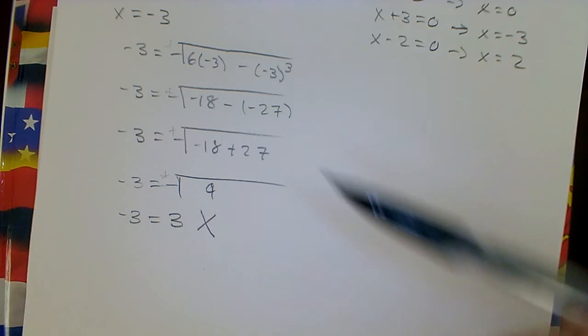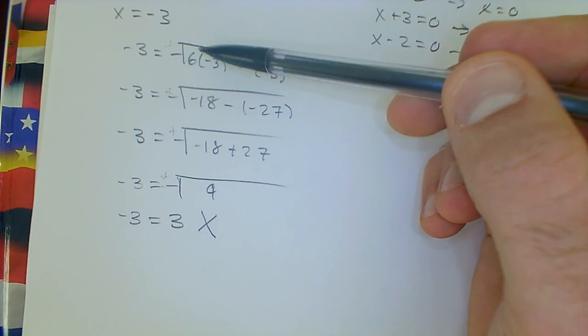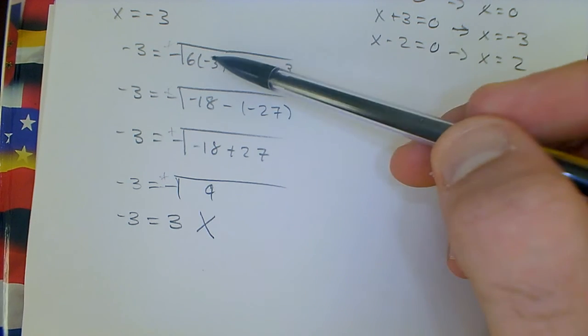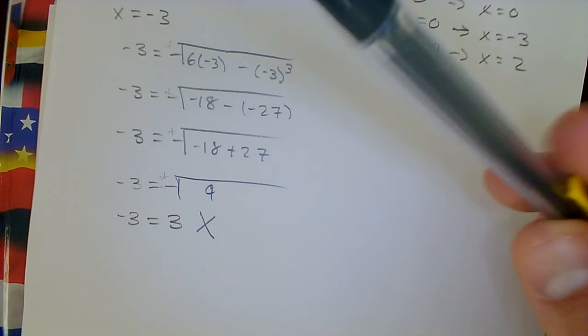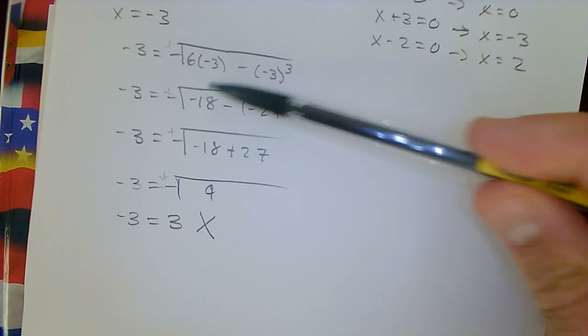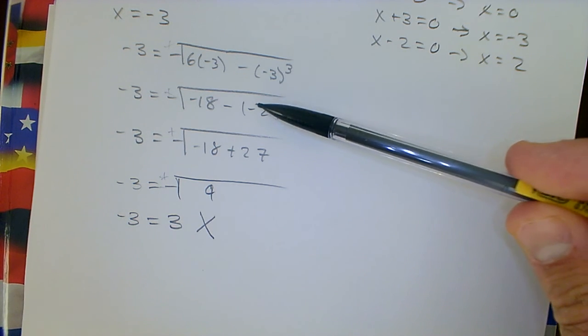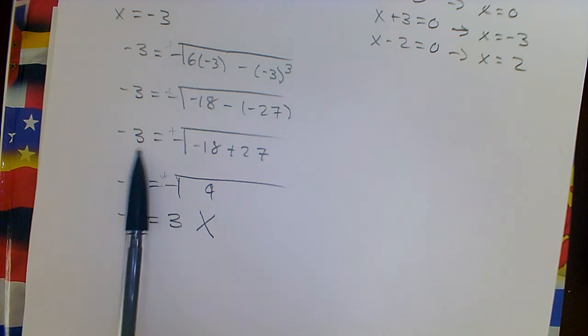Let me go through that again. Negative 3 equals 6 times negative 3 minus negative 3 cubed. It's plugging our one root back into the equation. So negative 3 is negative 18 minus negative 27, that's negative 3 cubed.